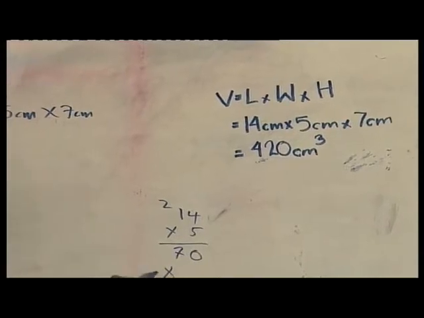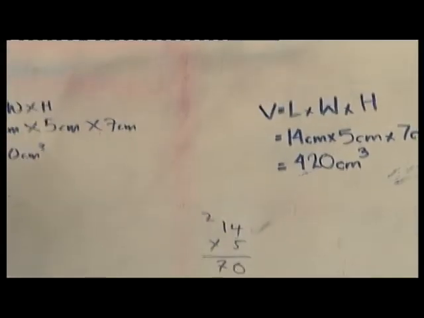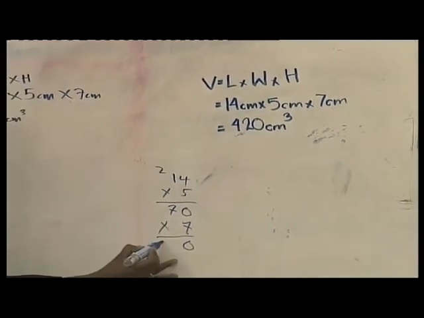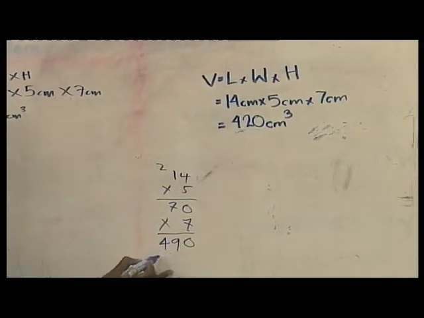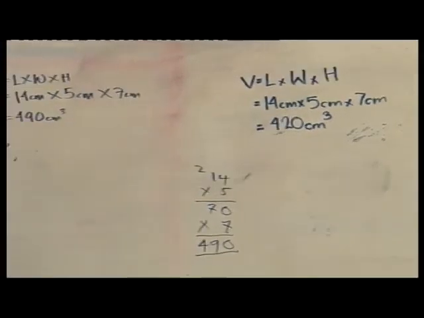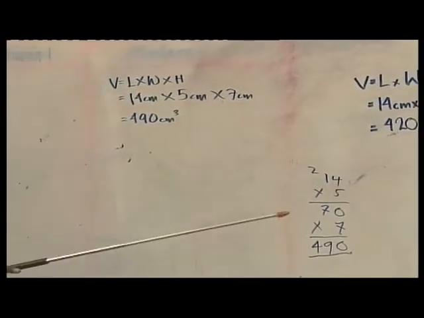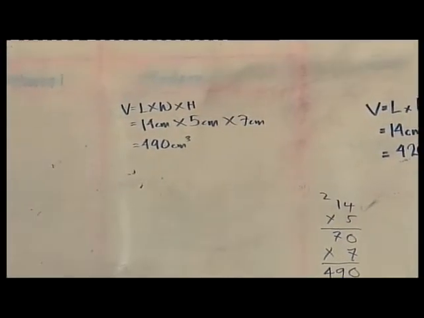Then we multiply by 7. 7 times 0 is 0. 7 sevens are 49. So our answer should be 490 cubic centimeters.